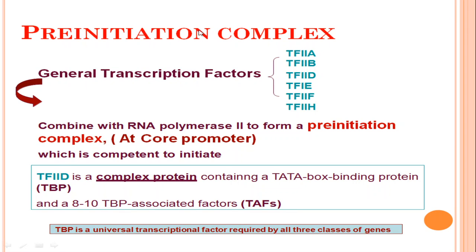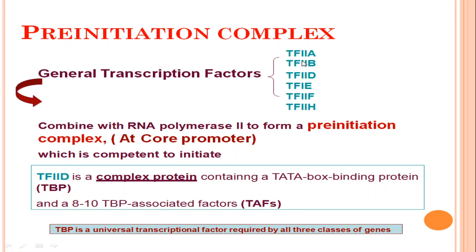You can see over here a variety of 6 different factors, as we had discussed: TFIIA, TFIIB, TFIID, TFIIE, F and H. These all combine with core RNA polymerase II at the core promoter and form the pre-initiation complex.